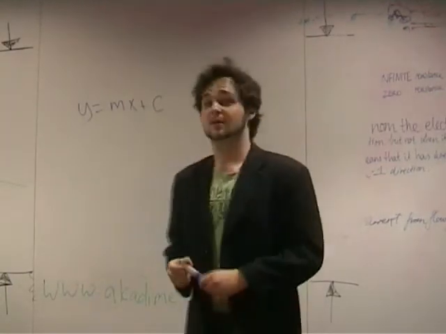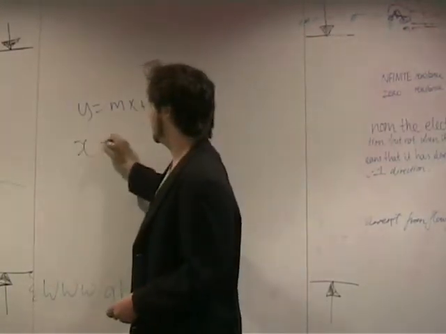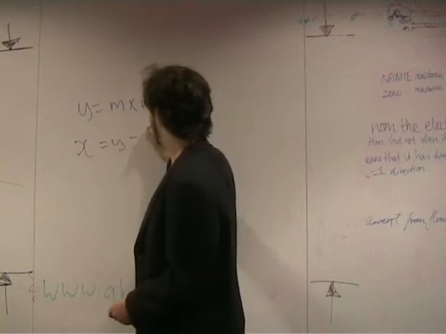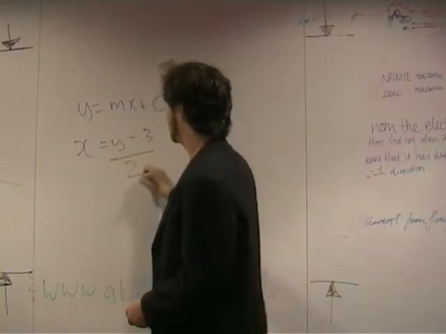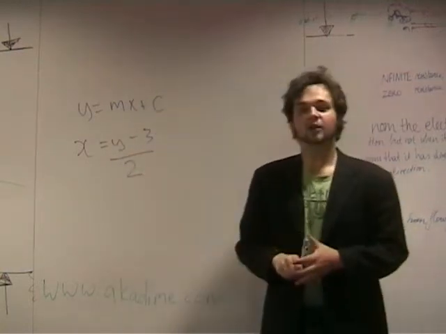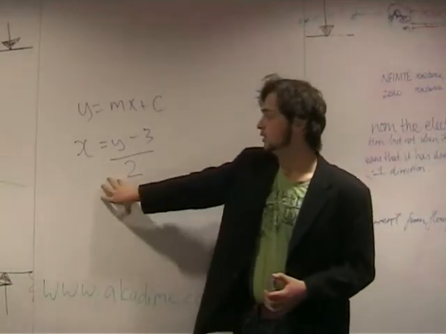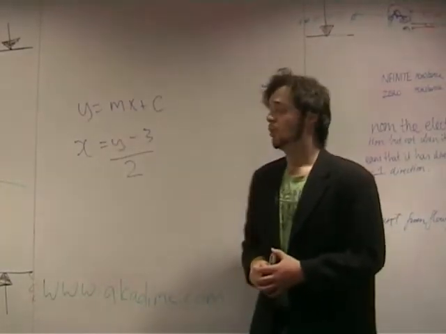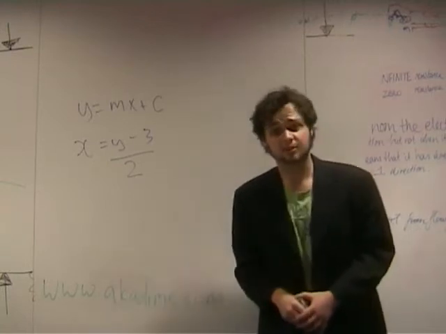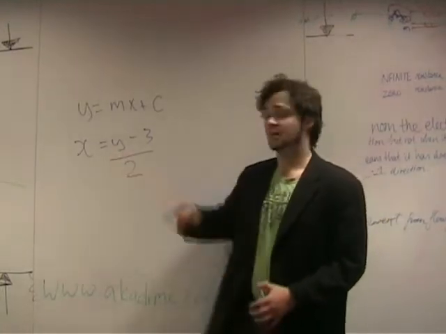So our first problem is x equals y minus 3 divided by 2. How do you get this looking like that? What you need to do is a transformation and make y the subject.